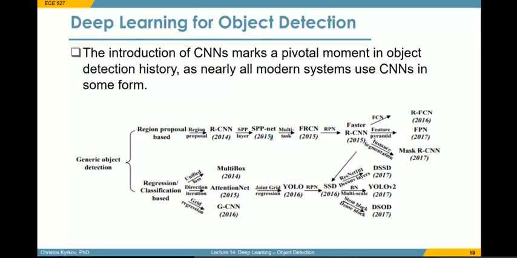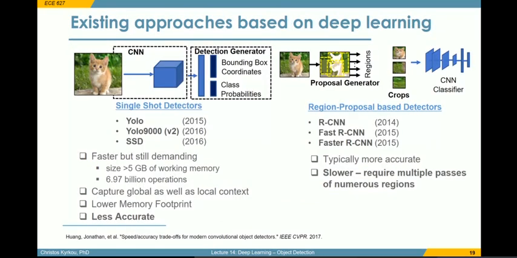And in this lecture, we're going to see some of the most influential works in both of these branches of research, starting with region proposal methods. But first, let's form a more high-level understanding of what the major differences are. As the name suggests, the region proposal-based methods rely on generating good proposals, good candidate windows that have a high probability of containing an object.